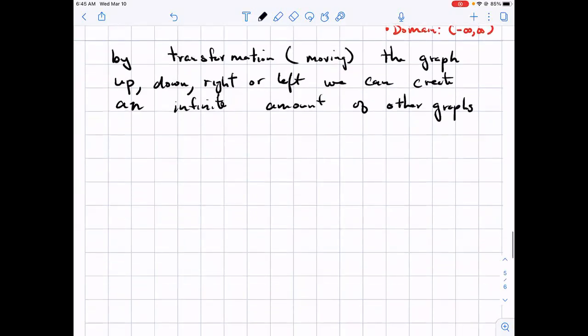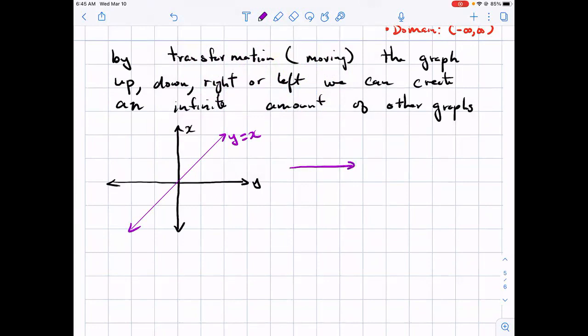And what do I mean by that? Well, here is the identity function. Here we have y equals x. Now, if we move this graph upward, we can get this graph.